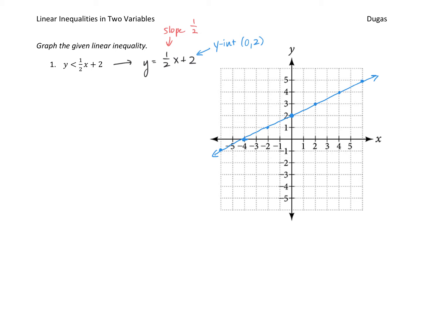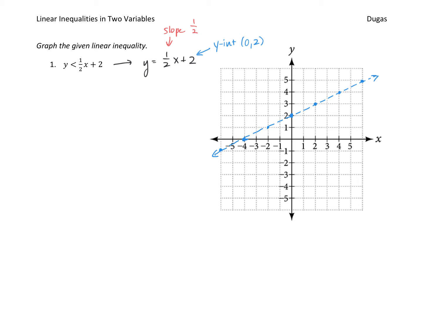Now, a couple of things to keep in mind. If you have a less than or a greater than, no or equal to sign, you're going to use a dotted line. So in this case, since I have a less than, I want my line to have breaks in it. So it's a dotted line.